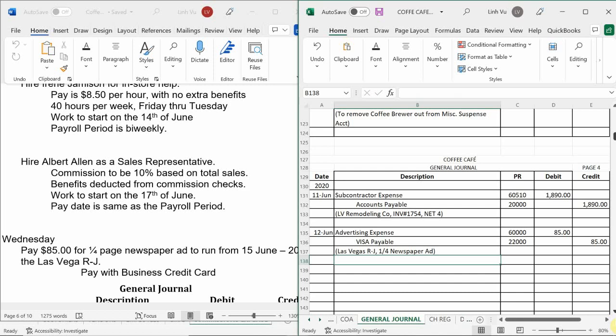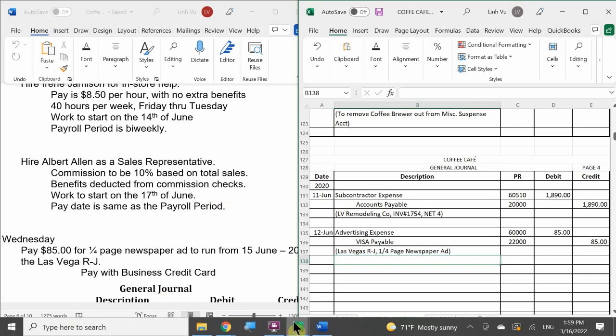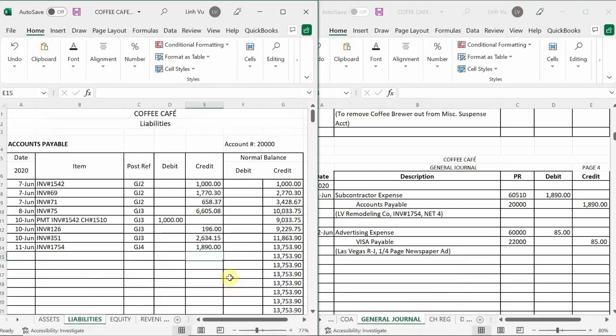But all I know is I bought a quarter page newspaper ad. And I don't need to say that I paid with a Visa credit card because it's already straightforward that I used a Visa payable to pay for advertising expense. So now that I have my journal done, I need to go to my ledger account.